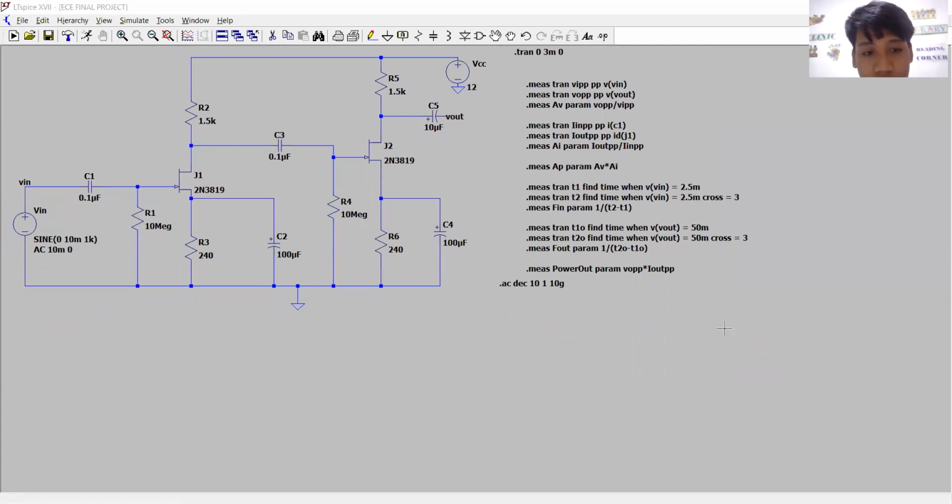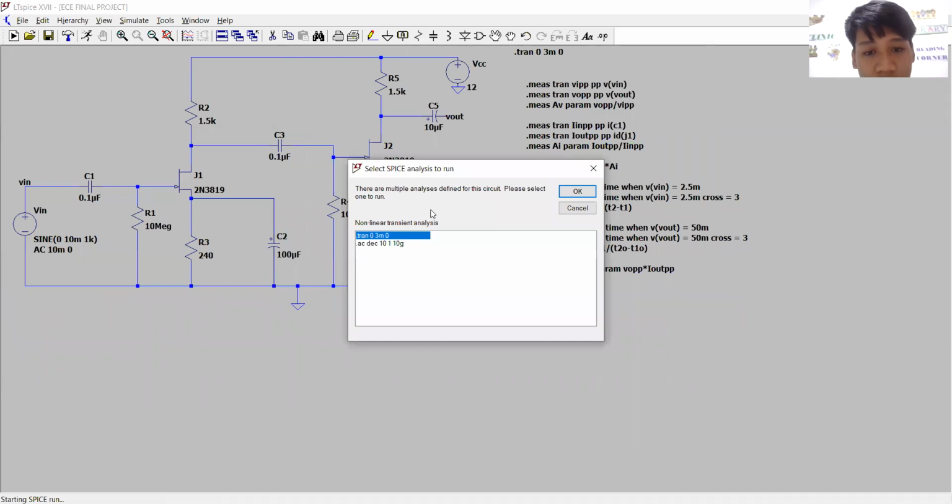Now, to find the bandwidth of the circuit, we need to find the max dB. The max dB can be found by running the simulation using the AC analysis. By running, there will be multiple analyses, but since we are in the AC analysis part, we'll go with this one.